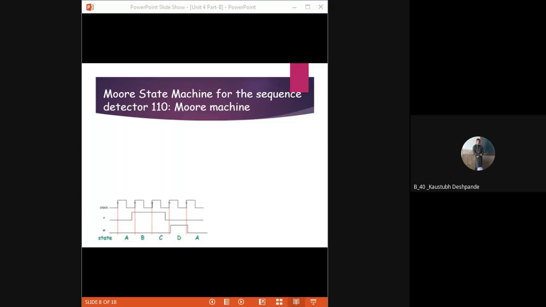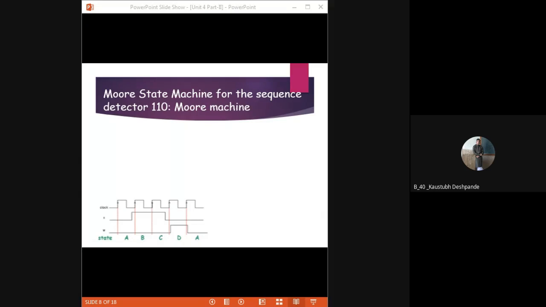If S1 gets a 0, then it changes the state from S1 to S0, and if S1 gets 1, then it changes the state from S1 to S2. After that, if S2 gets a 1, then it cannot change the state, it remains in that state. And if S2 gets 0, then it changes the state from S2 to S3.